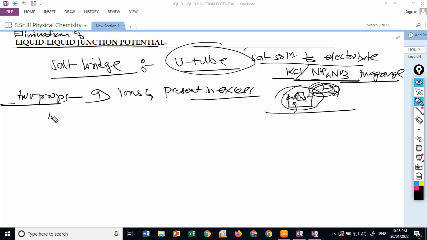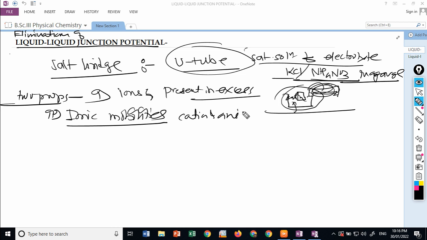The second property is that the ionic mobilities of both cation and anion are nearly equal. Okay, so that is their transport numbers, that is T plus and T minus.